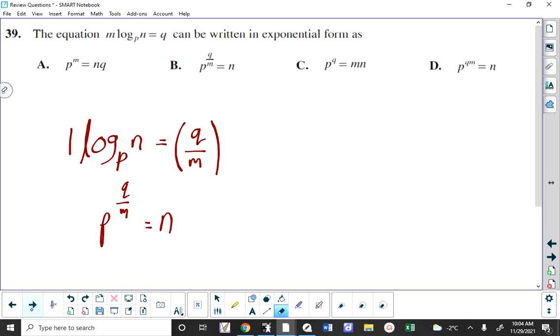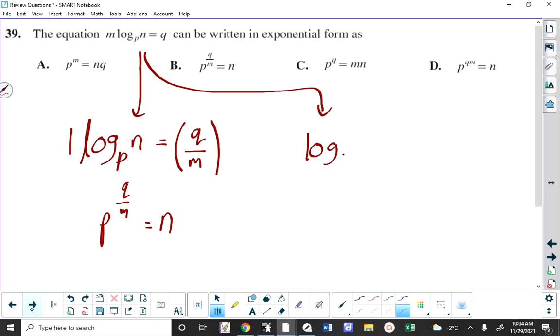From the original question, I could have taken that coefficient and raised it as an exponent on the argument, in which case I could write p to the q equals n to the m. Those are both legitimately exponential forms of the original logarithmic equation. Does that make sense? Okay. Other questions?